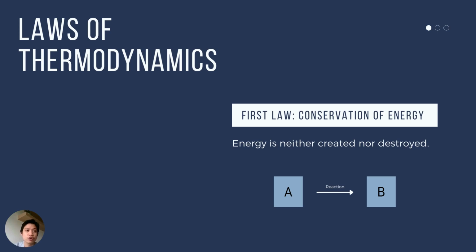If we follow the first law of thermodynamics, it will say that as box A converts to box B, the energy that is contained or held by system A will be the same amount of energy as A transforms to the product B. So what does this tell us?